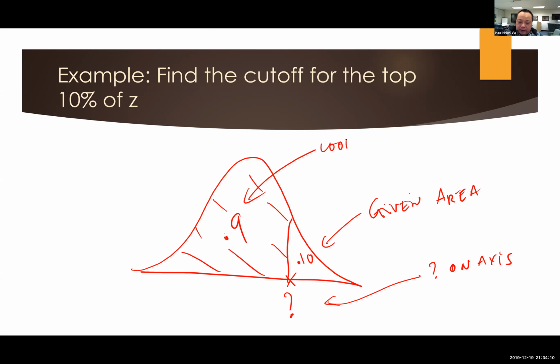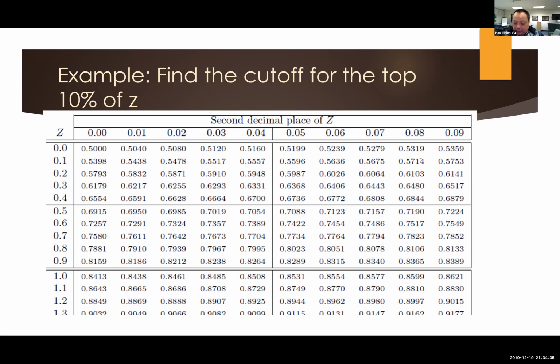So we're going to look for area of 0.9. Okay. So let's go to the table. 0.9 is between these two numbers. Now closer to this one. So it's 1.28.